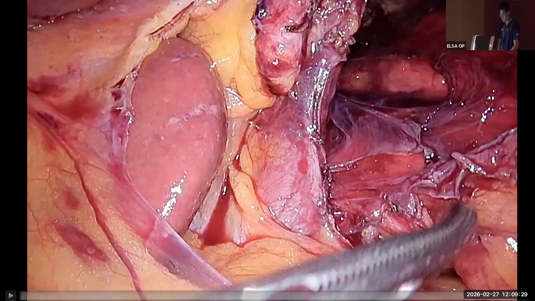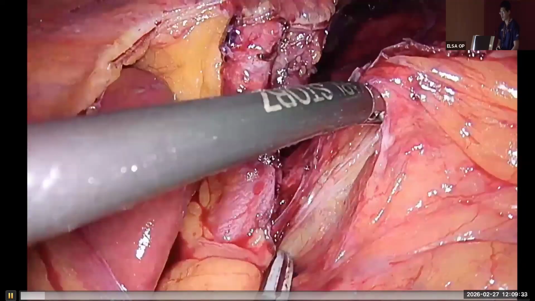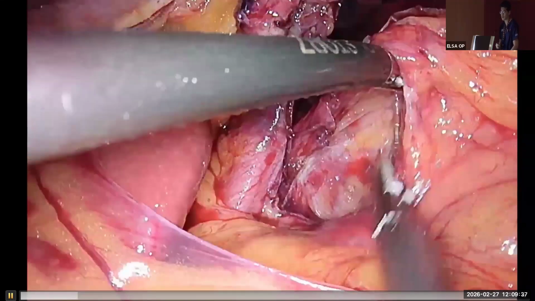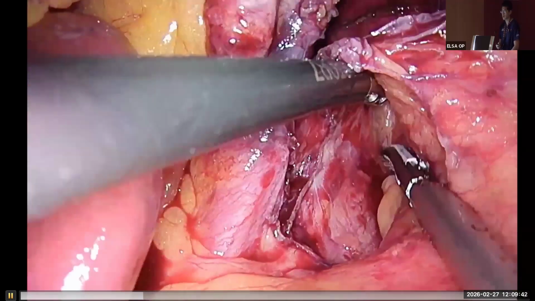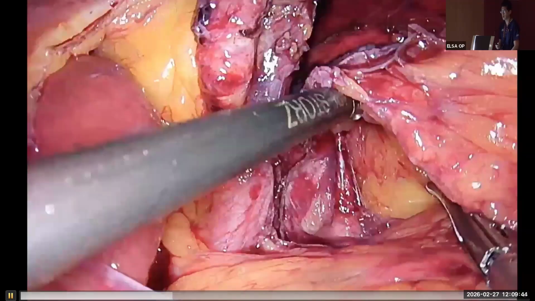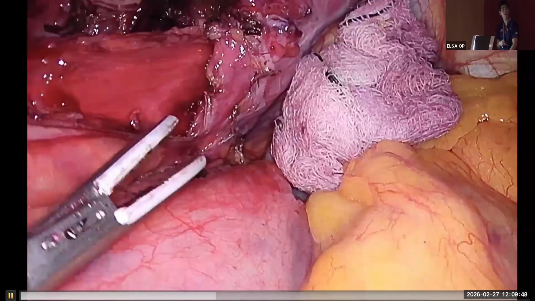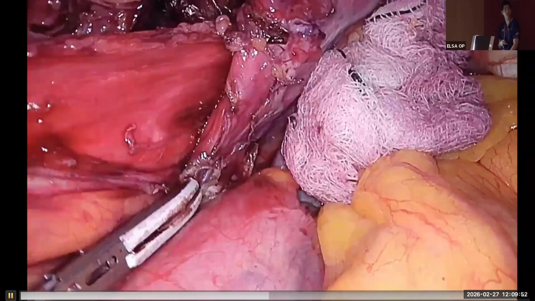Okay, so this video will actually demonstrate the posterior dissection. A lot of times it's important to achieve all 360 degree mobilization of the esophagus, and sometimes you may have adhesions near the posterior part of the left crus, and you need to release this dissection.